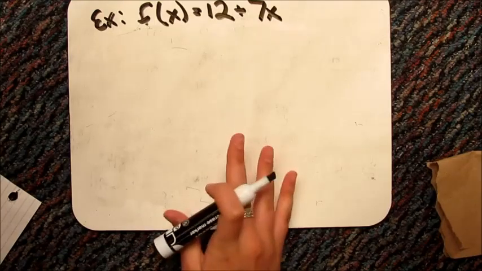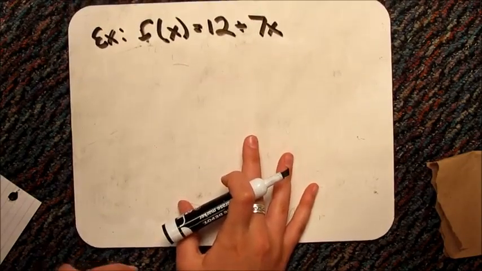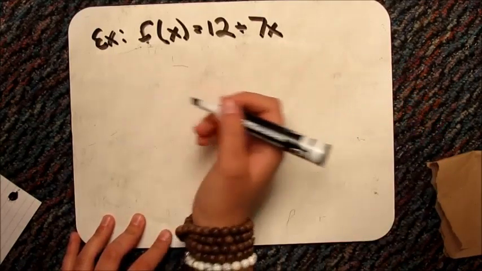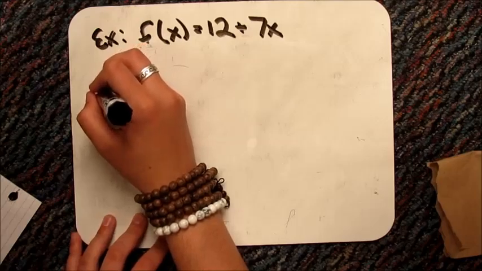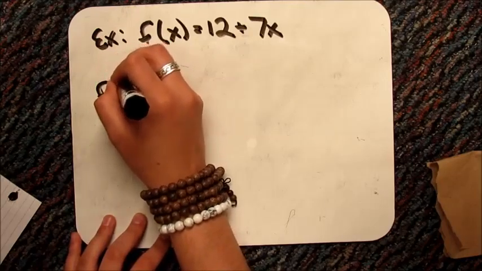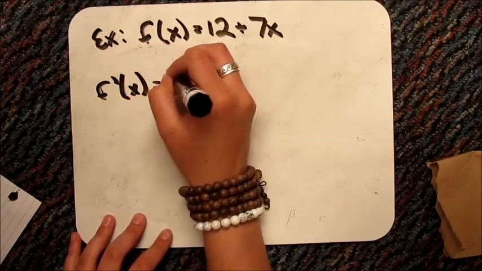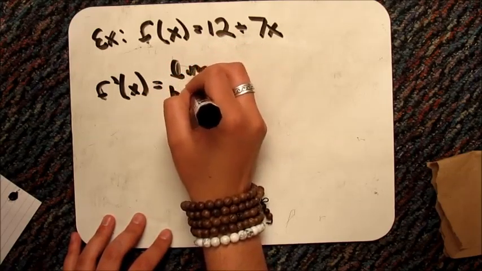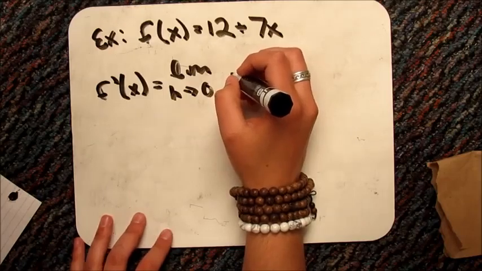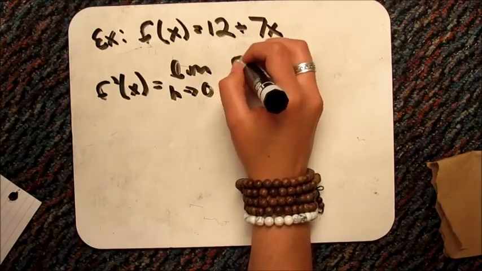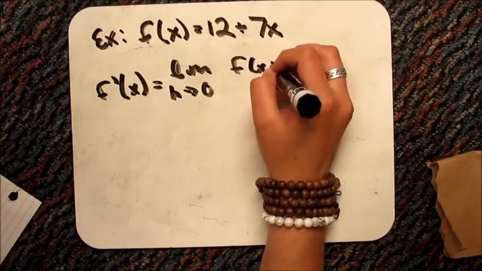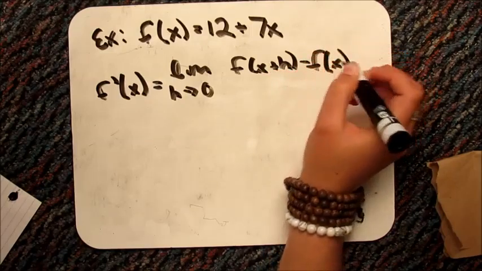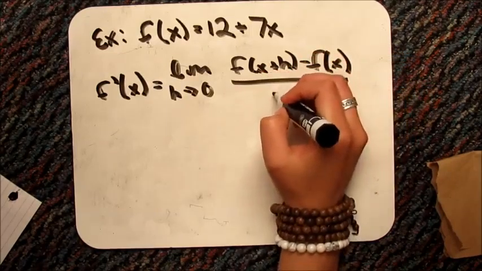So let me scoot down here a little bit. We will have the derivative f prime of x equals the limit as h approaches 0 of f(x plus h) minus f(x), just like the first one, just like all of them, over h.